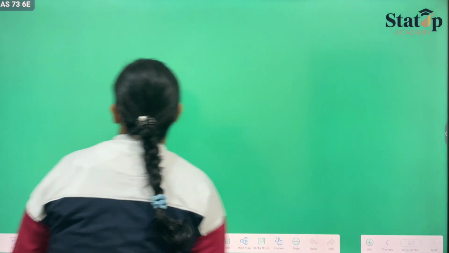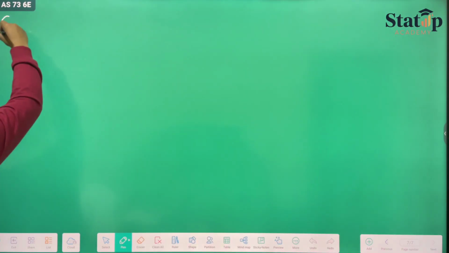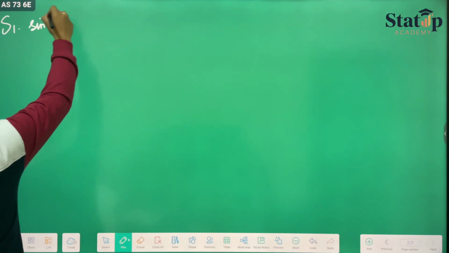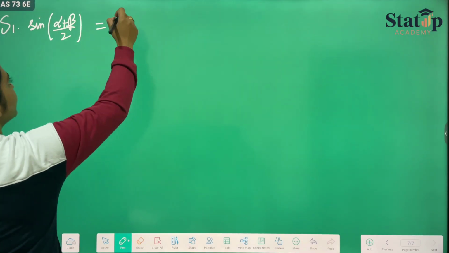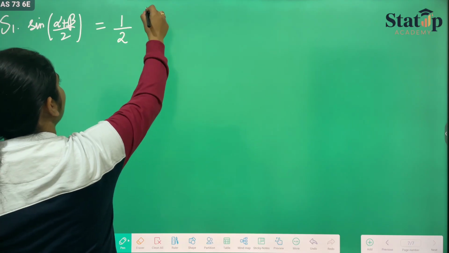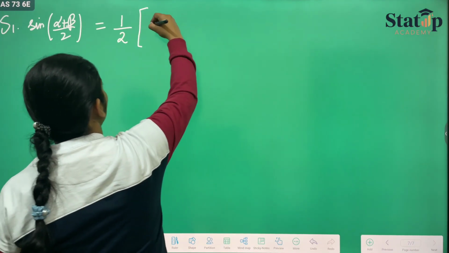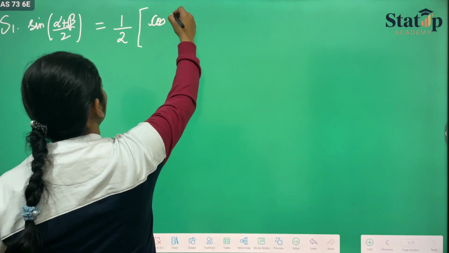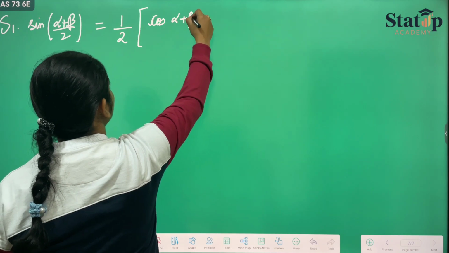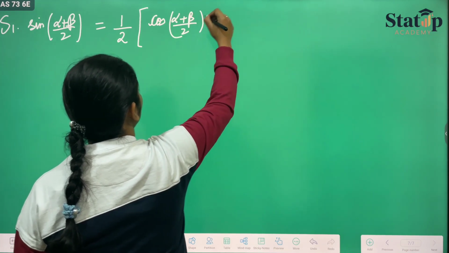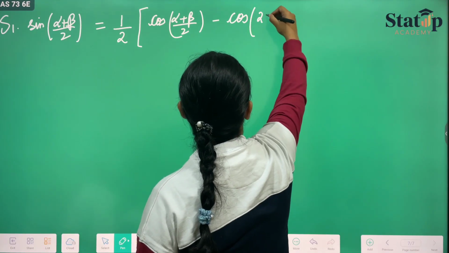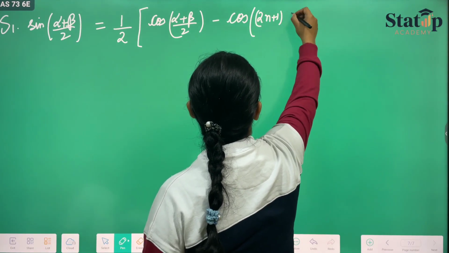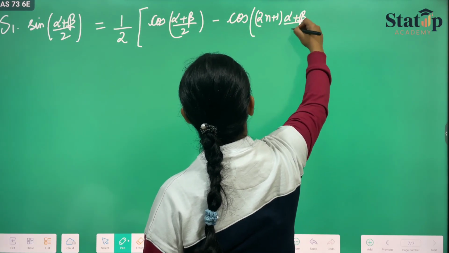So this would be S1 into sine (alpha plus beta)/2, which would give us 1 upon 2 into cos (alpha plus beta)/2 minus cos (2n plus 1)(alpha plus beta)/2.